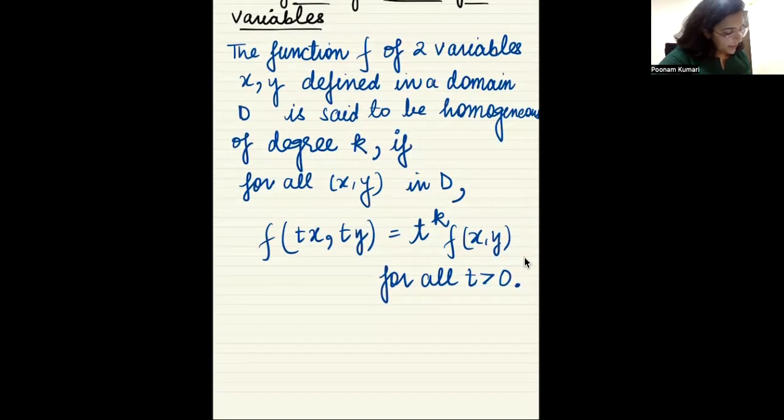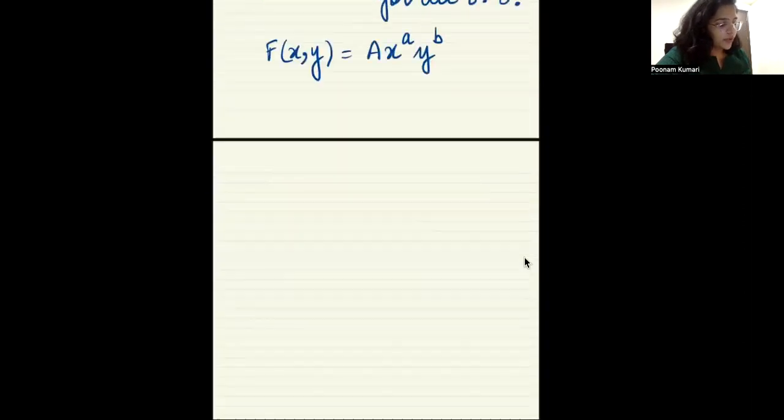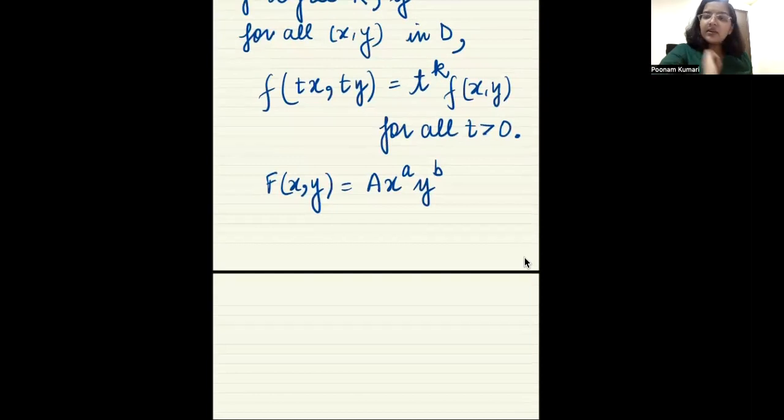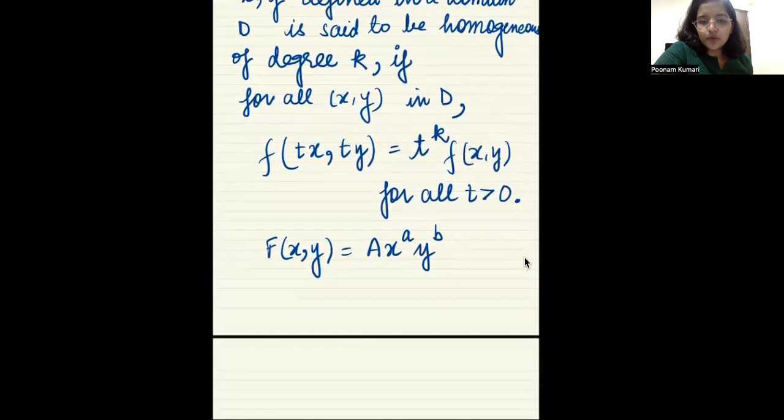So as an example, let's say I have a function f of x comma y equals a x to the power a and y to the power b. If I want to know if it is homogeneous or not, what is the first thing I'm supposed to do?